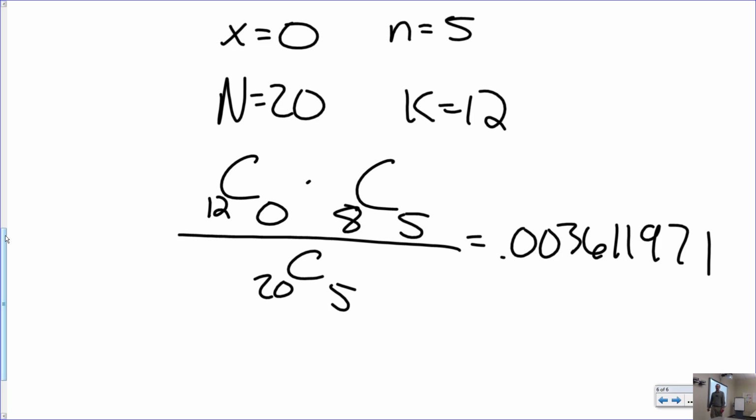Less than 1%, heck, less than 0.5% chance of this happening. And that should make sense, right? Because there's only 8 red ones, and we want to pick all 5 straight red ones. That's unlikely to occur. Since more than half of them are pink, that makes sense.